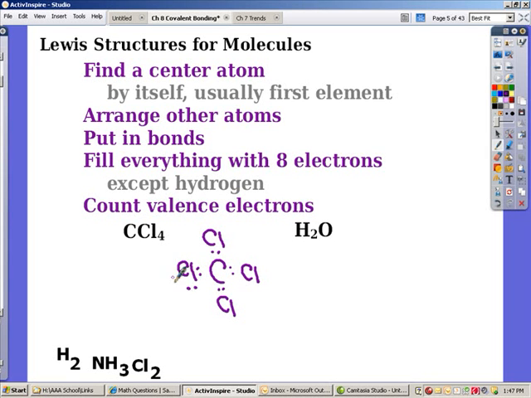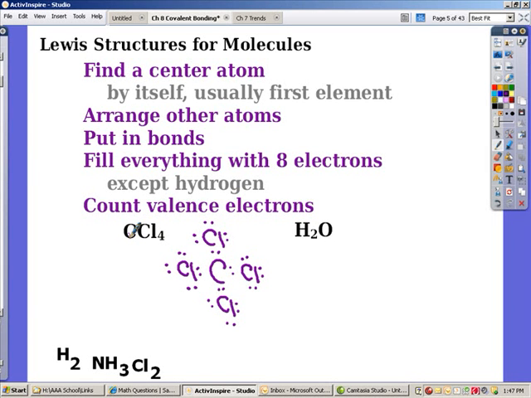And then each one has to have 8. Whew. And I counted a total of 32 electrons. And if you count those up, that's what you'll get. 4 for the carbon, 7 for each of the chlorines, a total of 32.